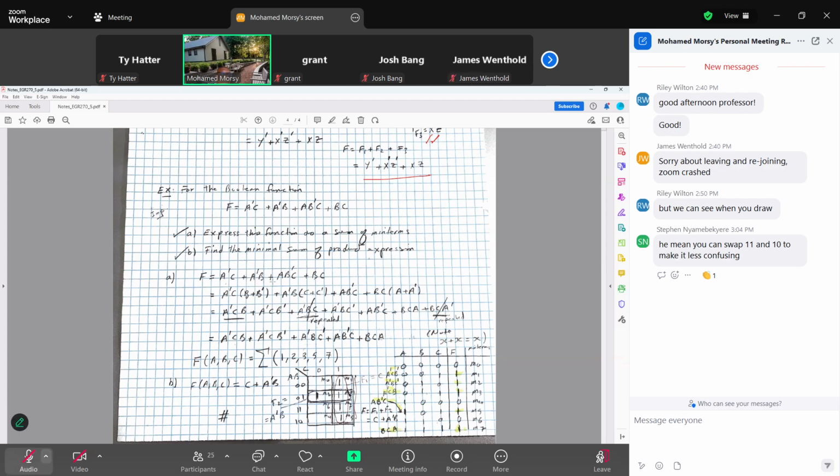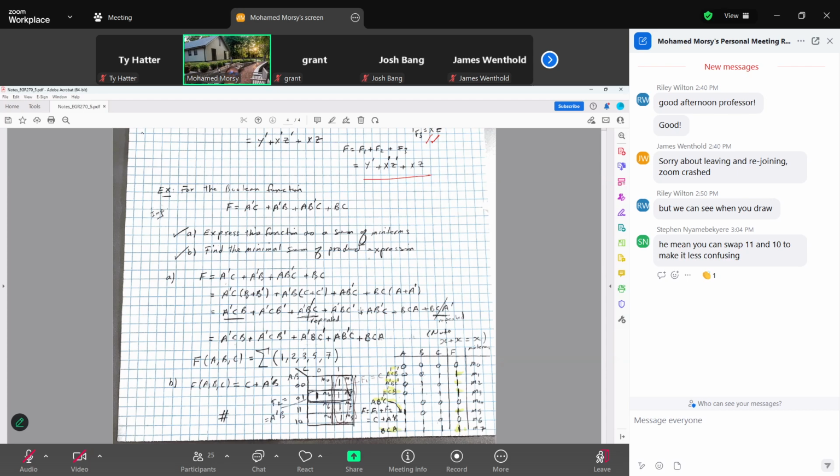C. So we multiply this by C plus C inverted. Plus A B inverted C, this is okay. Plus BC, so A is missing, and we multiply by A plus A inverted.